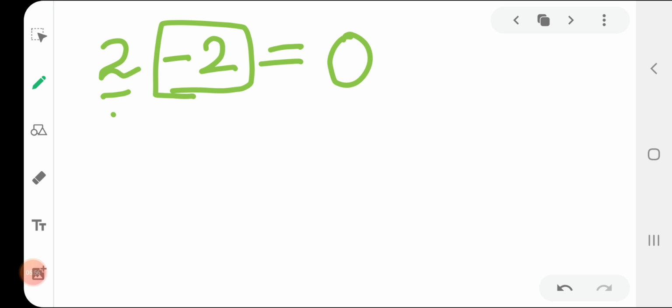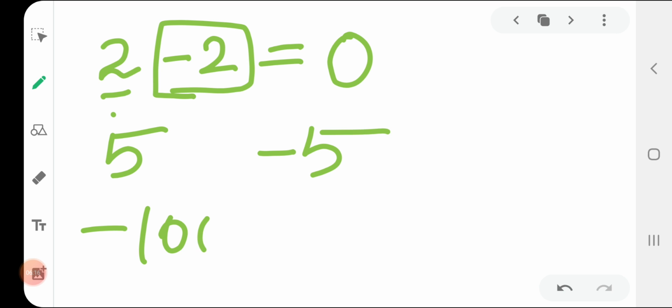So in the addition operation, simply we can take the inverse of a number as the opposite sign of the number. Clear? The inverse of the number is the opposite sign of the number. If you take 5, the inverse of 5 is minus 5. If you take minus 100, the inverse of minus 100 is plus 100. That is opposite sign.